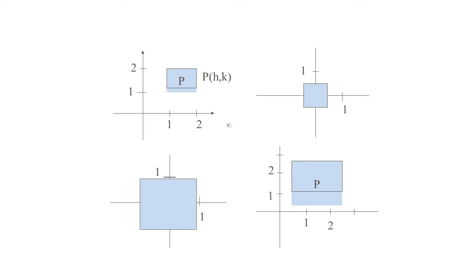Step 2: the object is translated so that its center coincides with the origin, figure B. Step 3: the scaling of the object, keeping it at the origin, is done in the last figure C, and then the translation is done again.